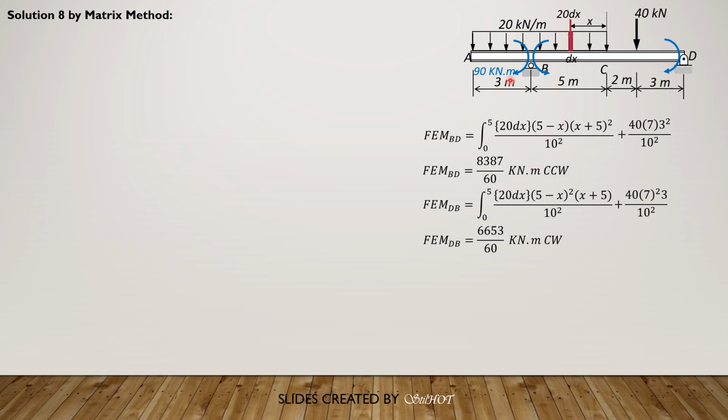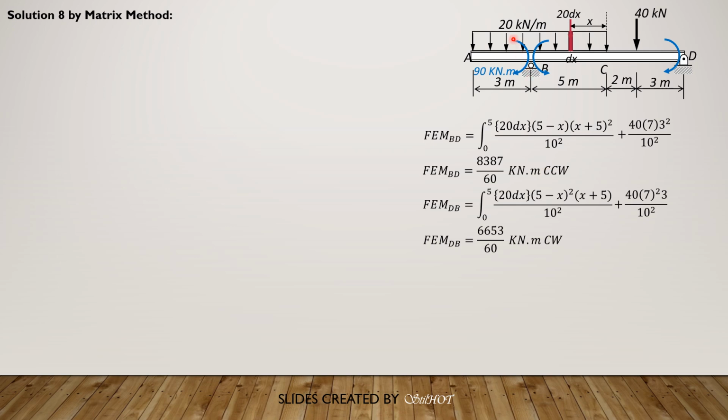So 90 clockwise minus counterclockwise moment: if 90 is greater than the counterclockwise moment, the result will be clockwise. But the load is opposite to the clockwise, so it's counterclockwise.